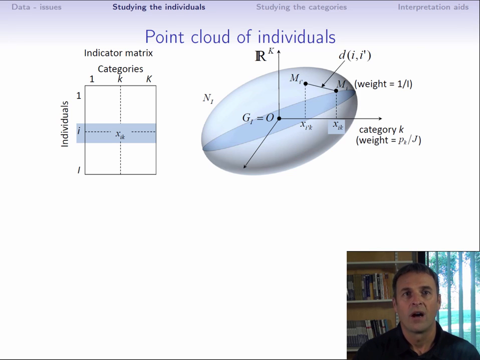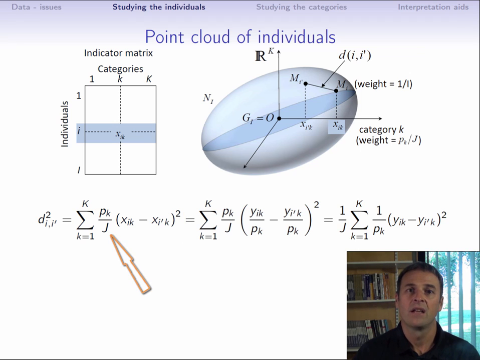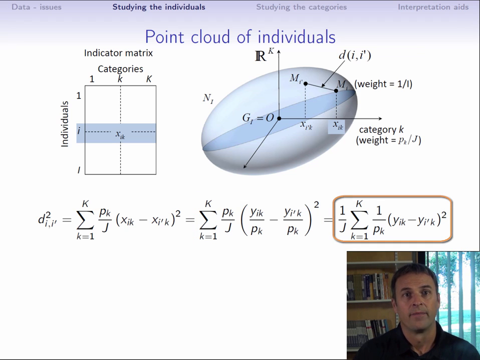Now we bring in the point i prime so that we can look at the distance between the individuals i and i prime. The square of this distance is written as the sum of the squares of the differences of the coordinates, where each square of the differences of the coordinates is weighted corresponding to the weight of that category, that is p_k over J. If we express this distance as a function of the complete disjunctive table, we get the following formula, which, after simplification, looks like this.